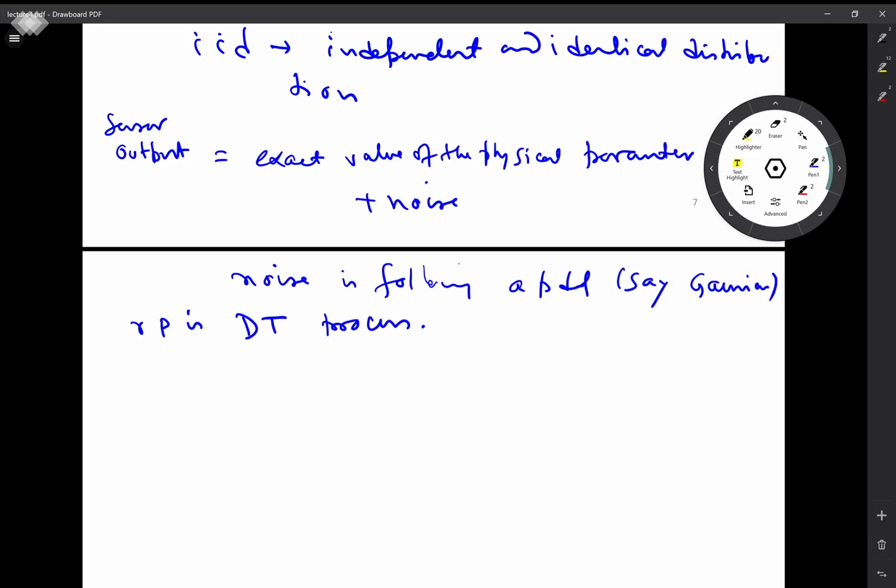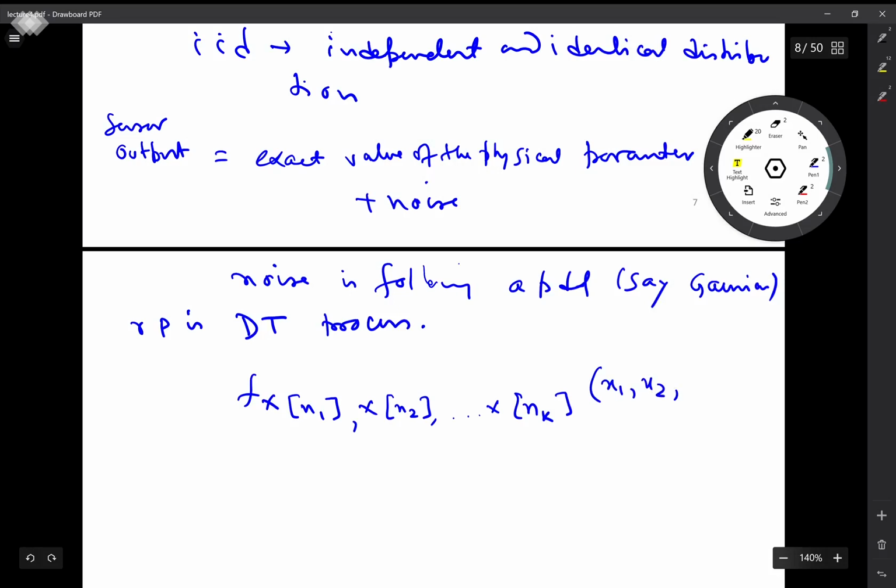So let's say we take n1, n2, up to nk. We take f of X(n1), X(n2), up to X(nk) of x1, x2, up to xk, and then after the time shift we take it again, and all will be the same because it is an IID process, independent and identically distributed.